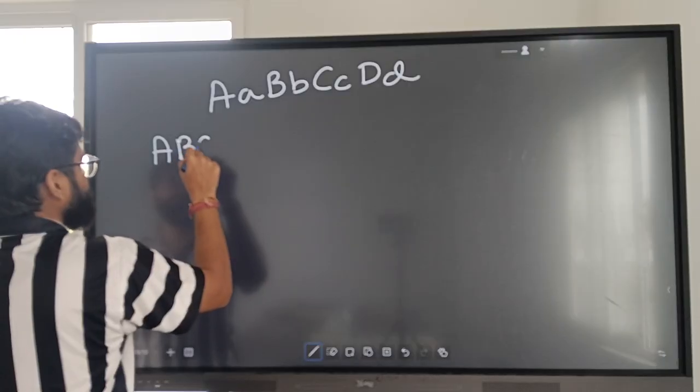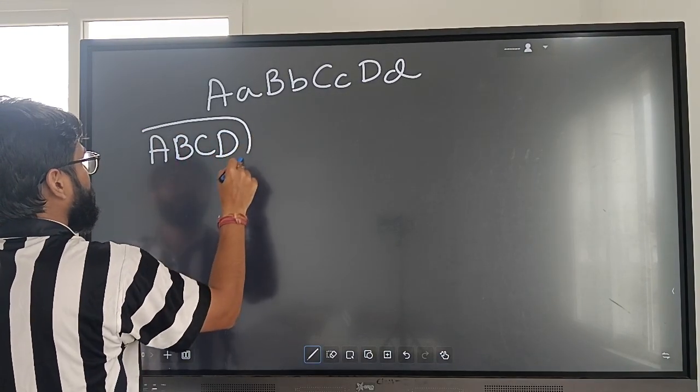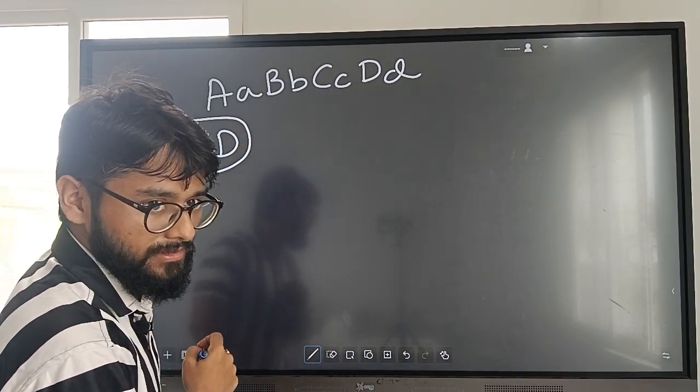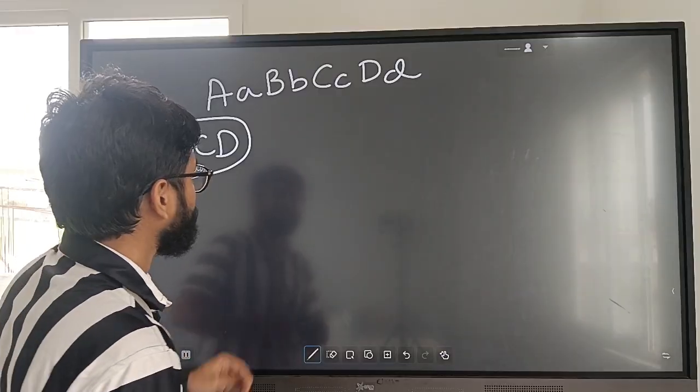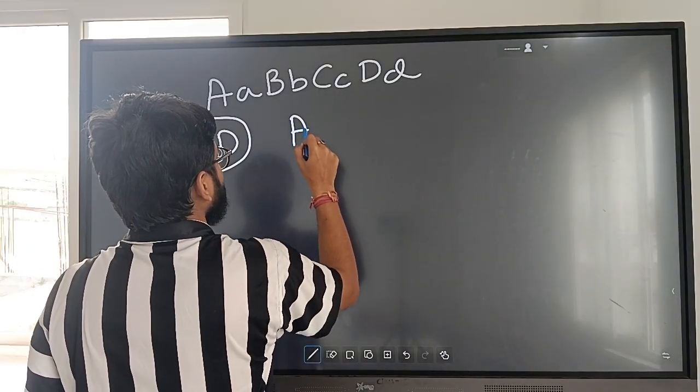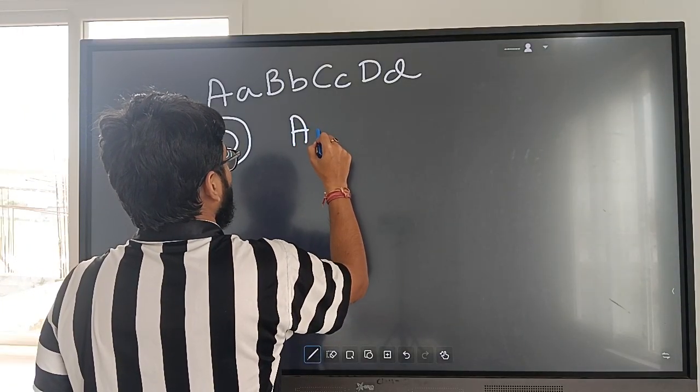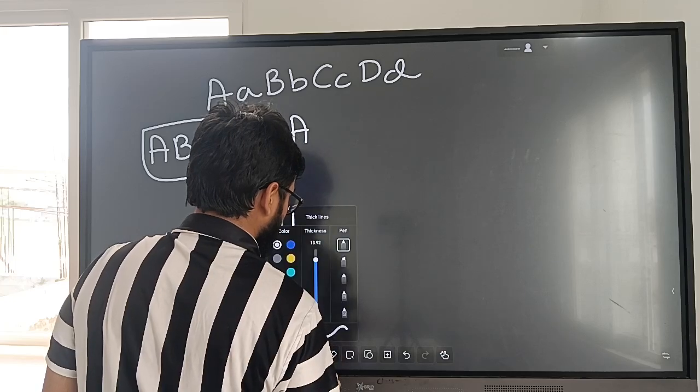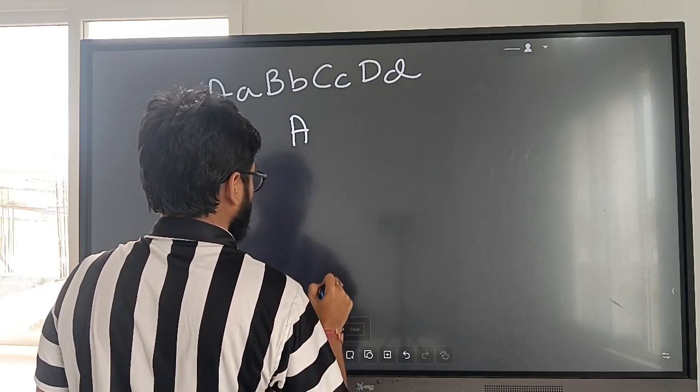You will first create all the possible capitals. Then we go with, let us say, all the possible smalls for A.